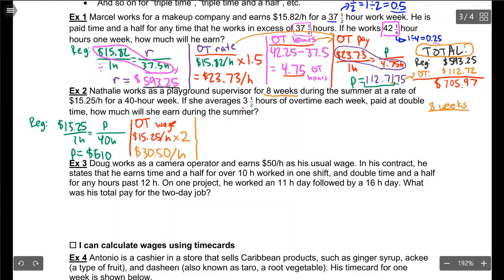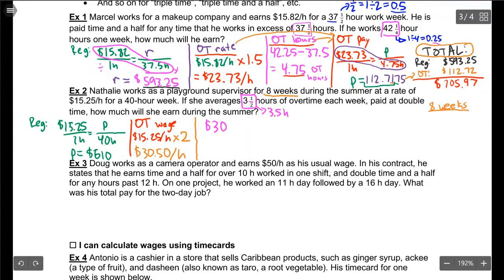So now for overtime hours, in this question, thankfully, it was given to us, so we don't need to do this subtraction step we did above. We can just skip that. So we just need to set up her overtime rate with her 3.5 hours. Now again, 3.5 is going to be 3.5. You can do that by 1 divided by 2 in a calculator if you need to. So we'll set up her rate.